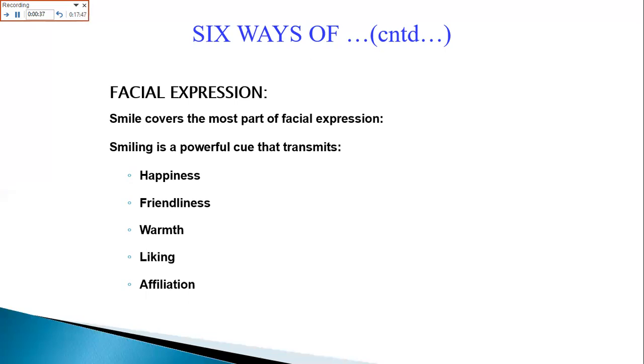Smiling is a powerful cue that transmits happiness, friendliness, warmth, liking, and affiliation. These five things will be expressed when we show our facial expression in the communication.